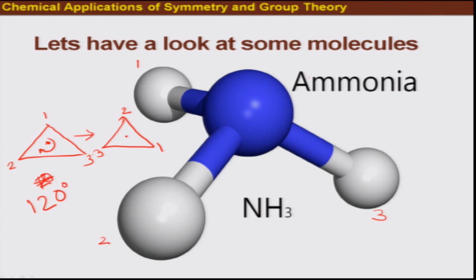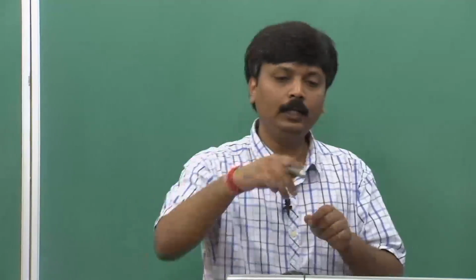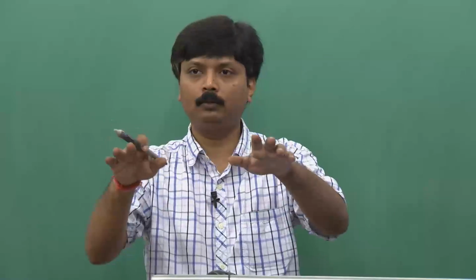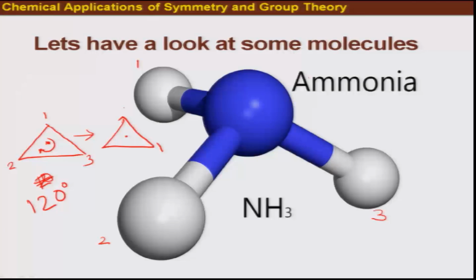Now, if I hadn't marked these hydrogen atoms, then I would have no option to figure out whether anyone has done anything with this molecule. But actually you can take this molecule and rotate it, suppose. So, I can get several indistinguishable structures of this molecule.